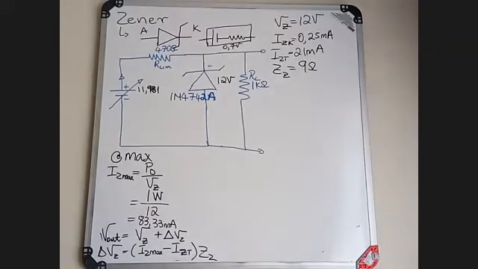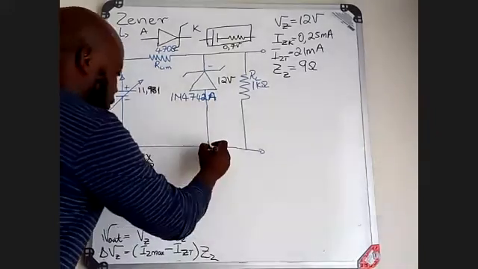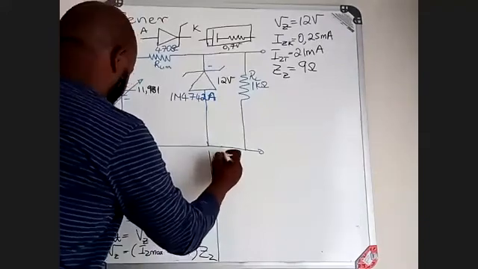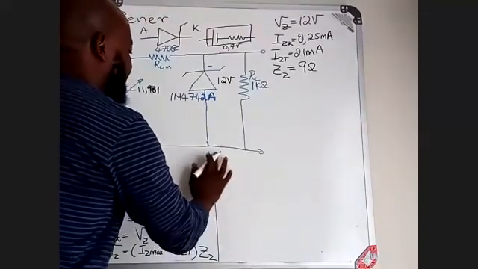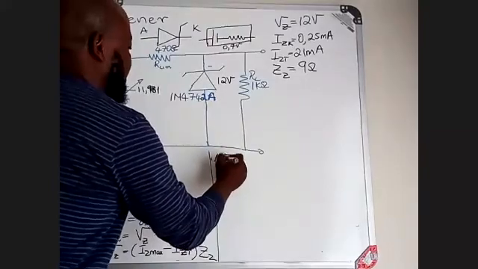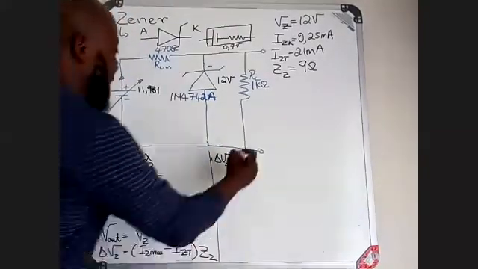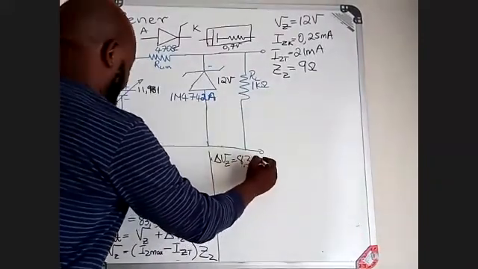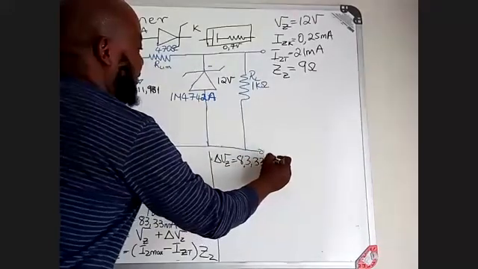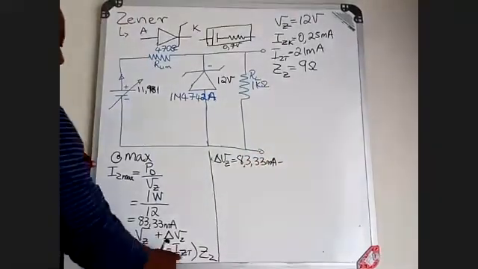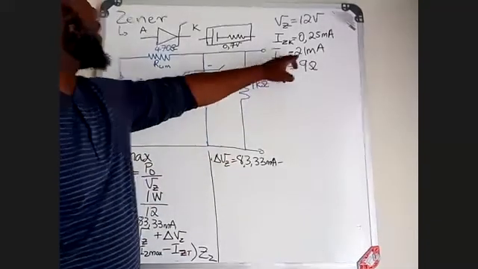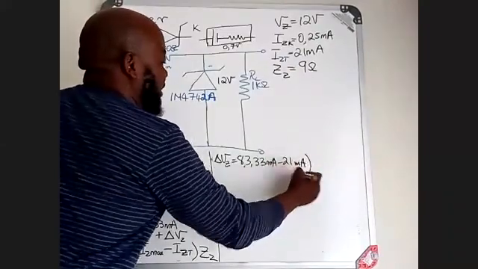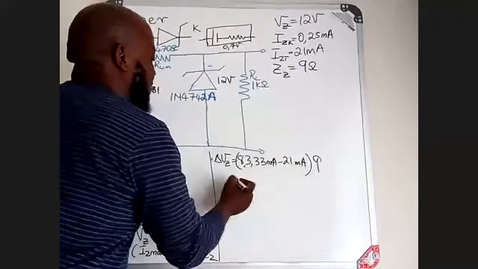Now, what is your IZ max? Your IZ max is given by 83.33 milliamps minus, what is your IZT? Already we have determined that it is 21 milliamps, multiplied by 9.